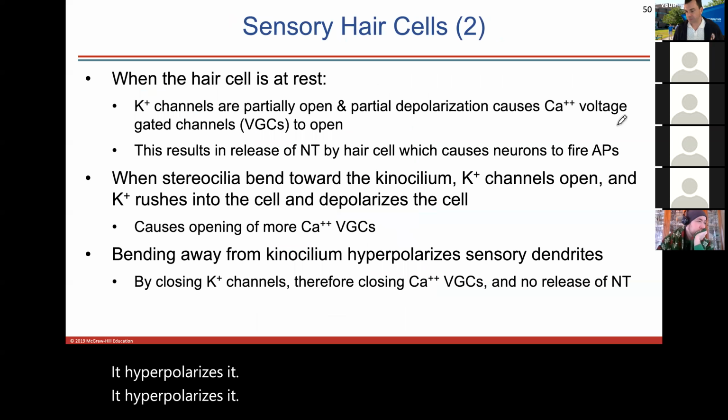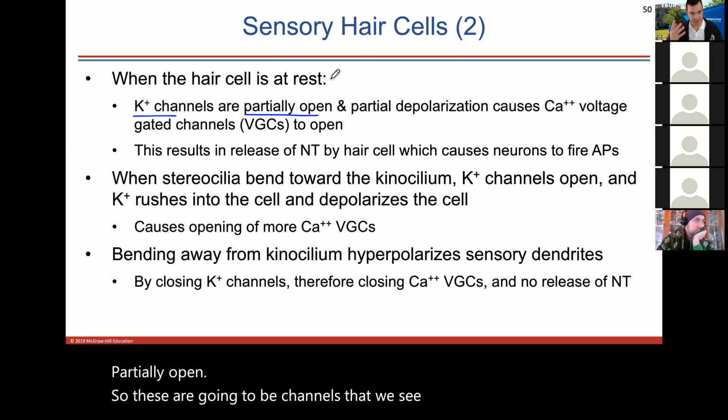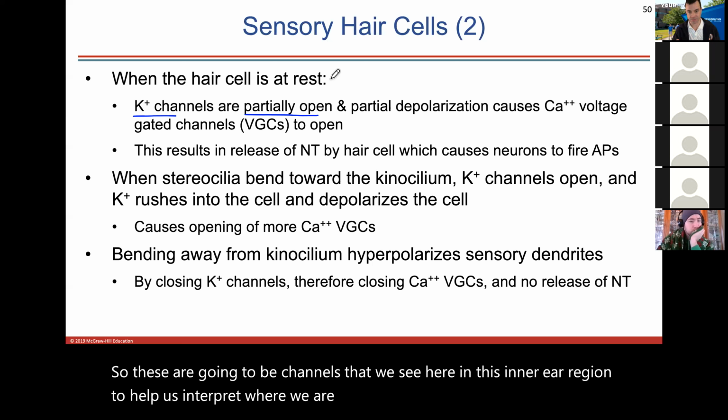As you are sitting there right now, not moving, not doing anything, we have potassium channels that are partially open. These are channels we see here in the inner ear region to help us interpret where we are, movement, and sounds.